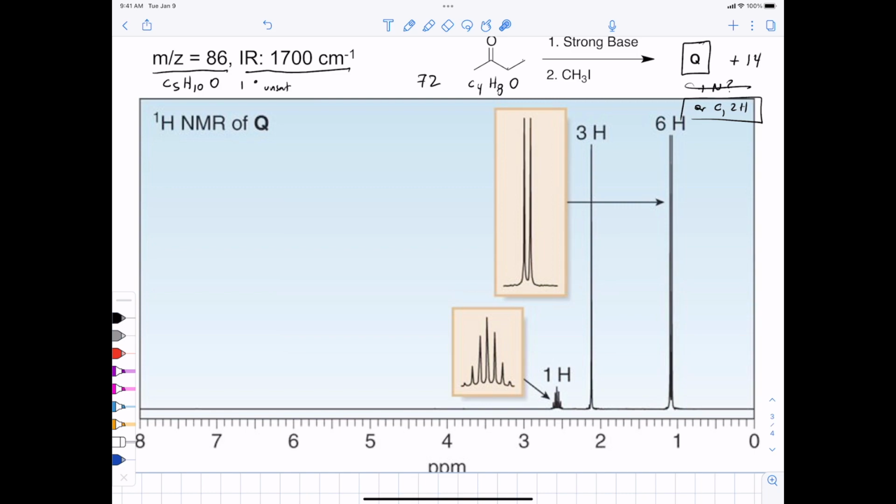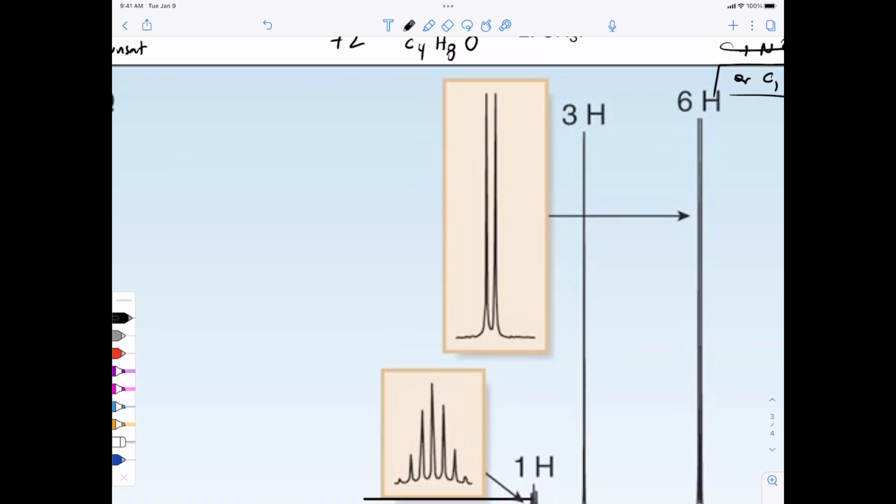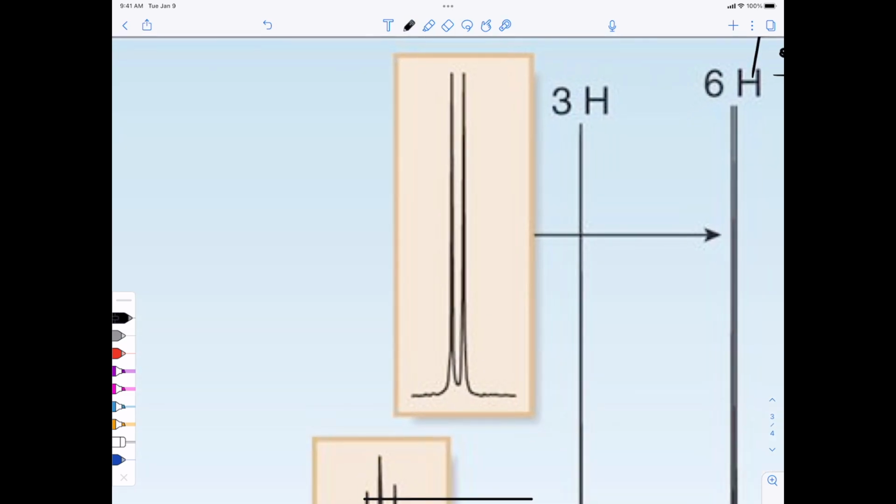Okay, so now let's look at the splitting pattern. Let's start with this 3 proton peak. What substructure in organic molecules do you know of where you can have 3 protons that are identical to each other? The methyl group, good. And what shape of a peak is this?